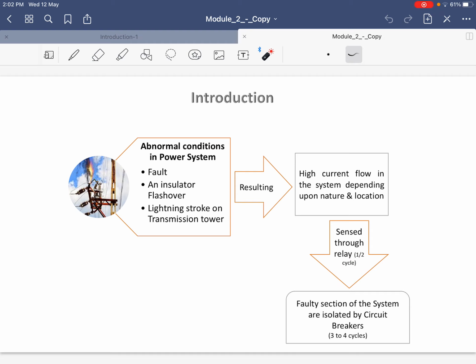You have to give the signal to the circuit breaker so that it isolates the faulty section. The faulty section of the system is isolated by the circuit breaker within 3 to 4 cycles. If you do not clear the fault within a very short time, then the system will go into an unstable condition.